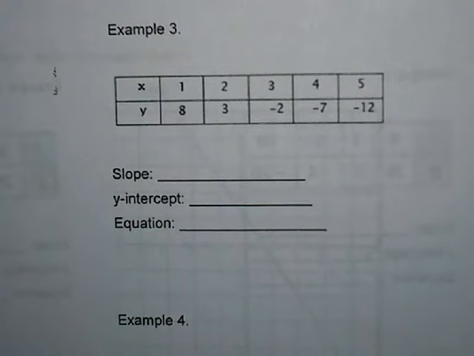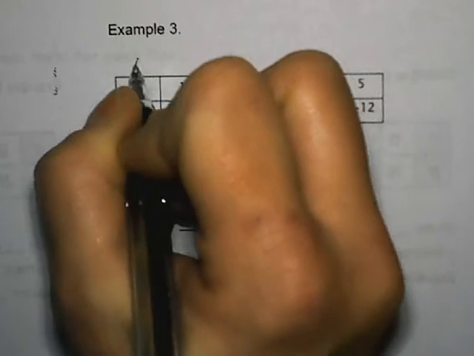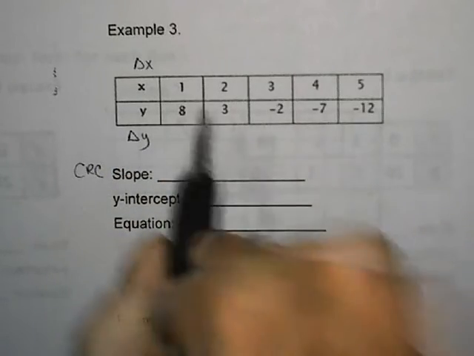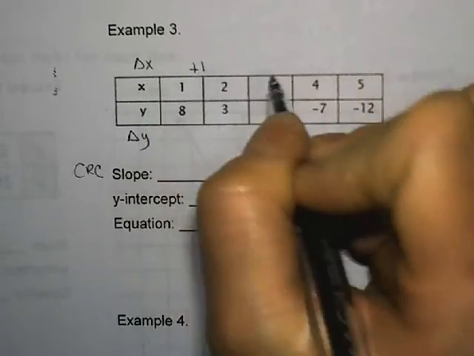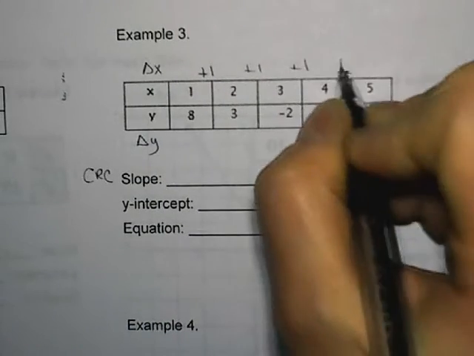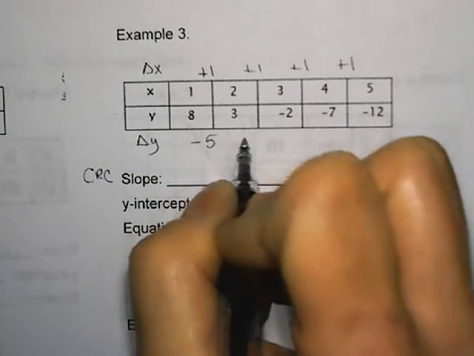Let's take a look at example number 3, because it too does not have a 0 for x. But the first thing I want to do is find my slope, which is the change in y over the change in x. Y is changing by 1. X looks like it is going down by 5.